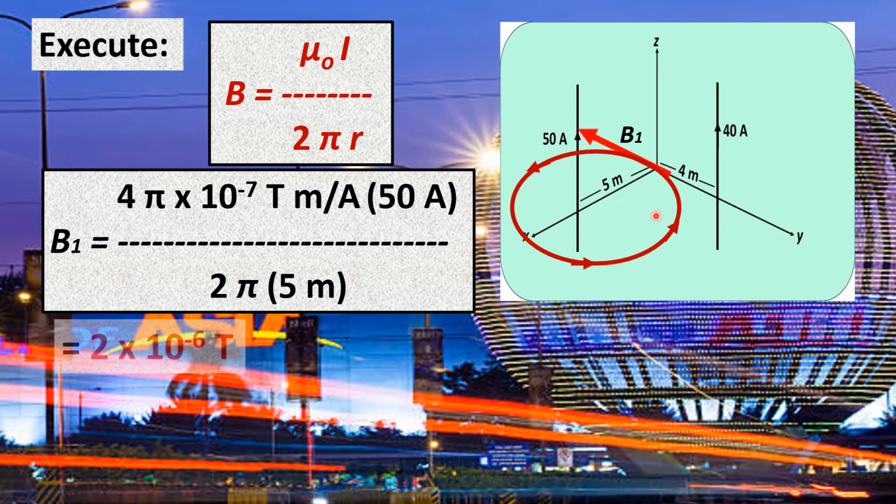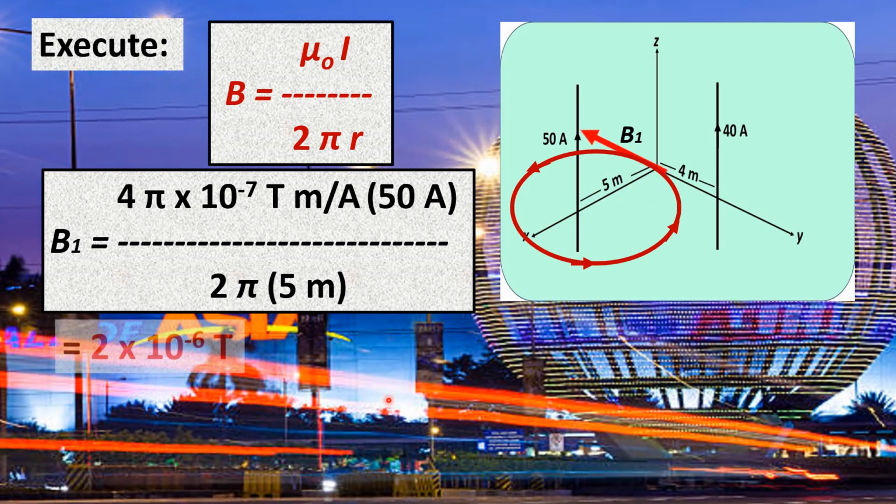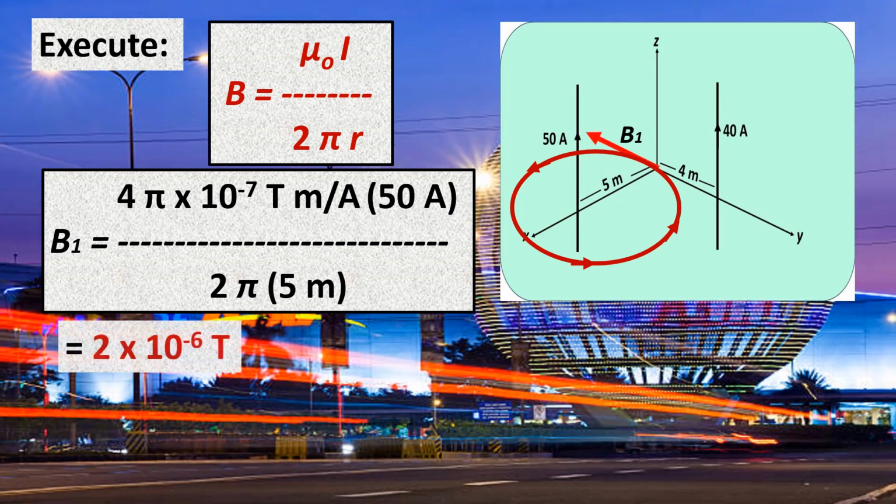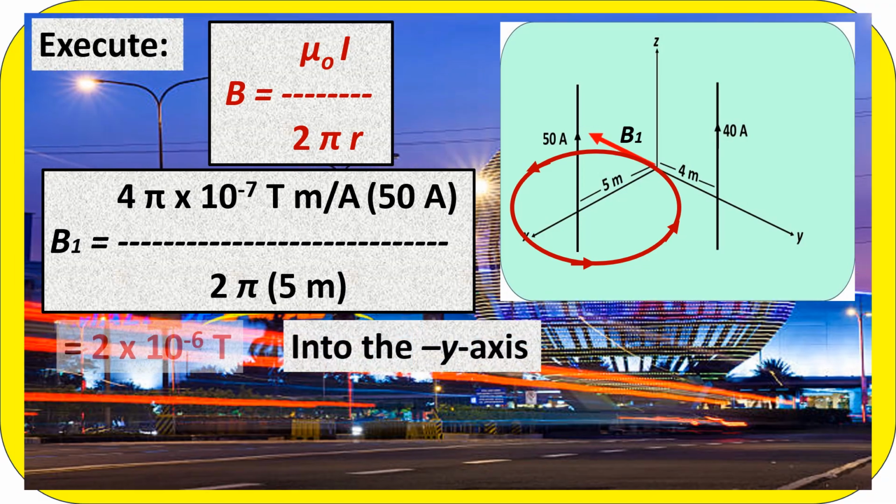So we therefore say that the direction of B1 is directed into the negative y-axis.